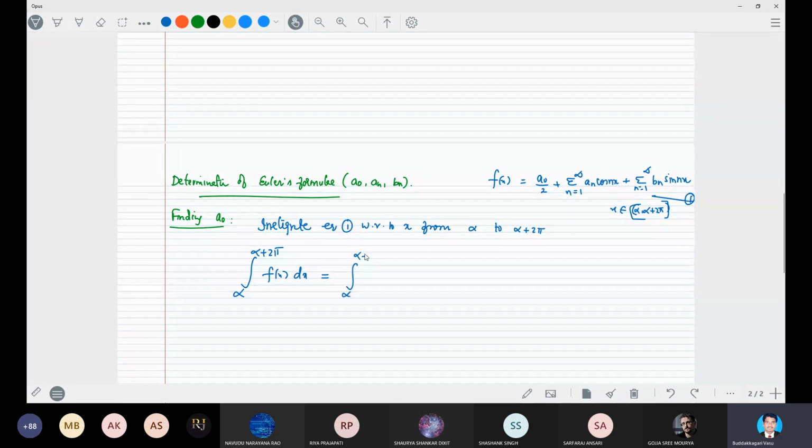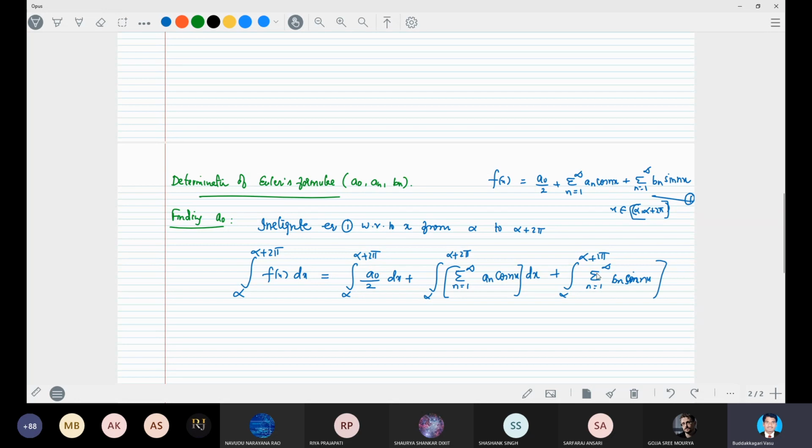the integral from alpha to alpha plus 2 pi of a0 by 2 dx, plus the integral from alpha to alpha plus 2 pi of sigma n equals 1 to infinity an cos nx dx, plus the integral from alpha to alpha plus 2 pi of sigma n equals 1 to infinity bn sin nx dx.